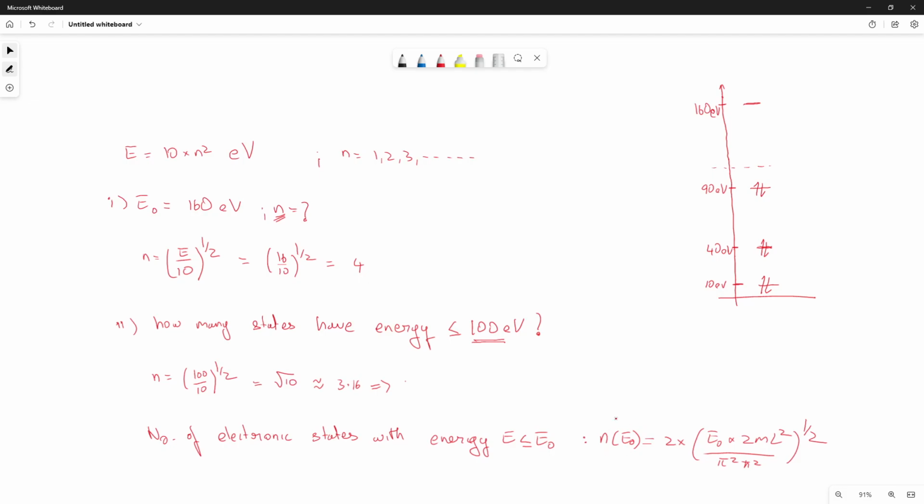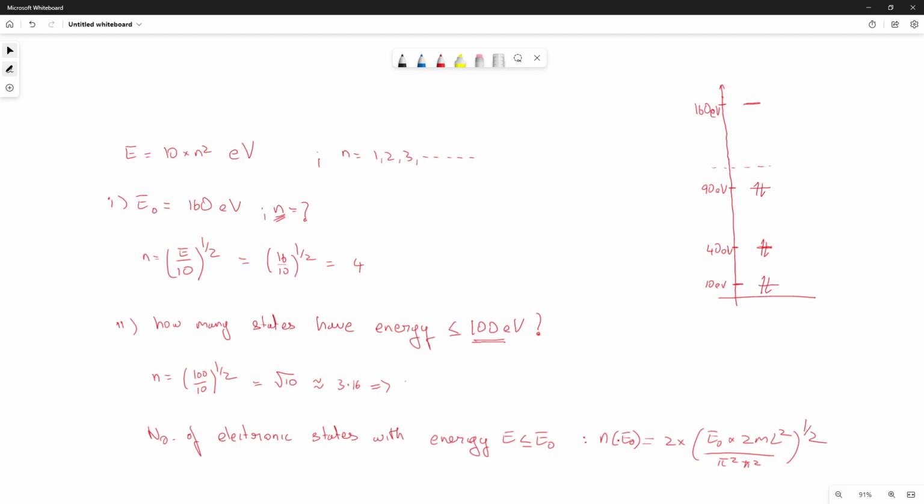So this is N of E naught. How have we done it? We have done it by simply drawing this graph. Of course, when I get an answer that is not an integer, what am I supposed to do? I'm just supposed to get rid of the decimal part. That part also we have understood. So whatever value of E naught I substitute here, we will get an answer. We know how to get an answer.